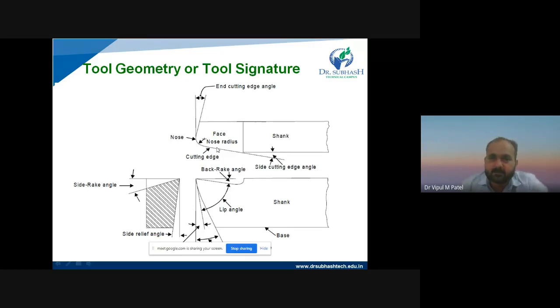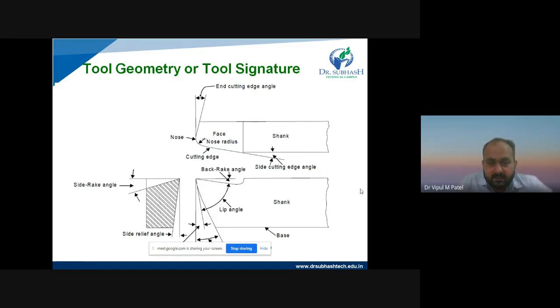This is the shank, and this is known as the side cutting edge angle. Now you can compare the side cutting edge angle with the end cutting edge angle. What is the difference between them that you can see in the front view of the single point cutting tool, right?